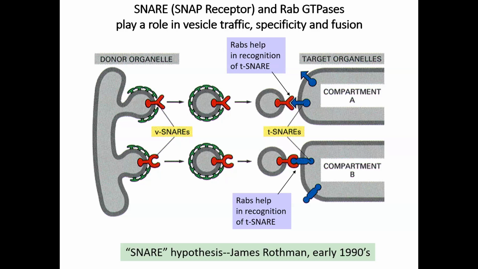Now, along with that, specific things are packaged together, that is your adaptin. Those are the specific ones that are in there. So now you know that the vesicle is formed, and the coat protein will get uncoated. So the mechanism is done. Now what happens, how does it recognize where it needs to go?